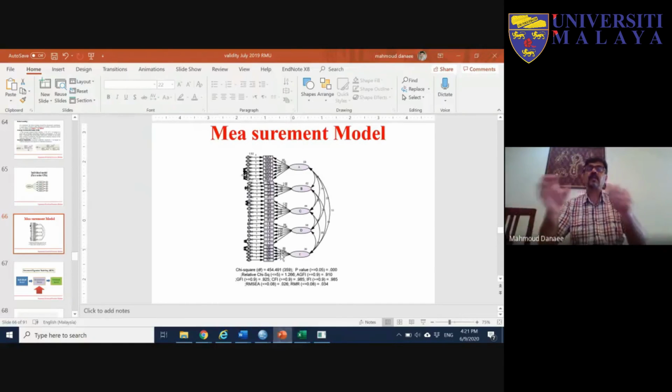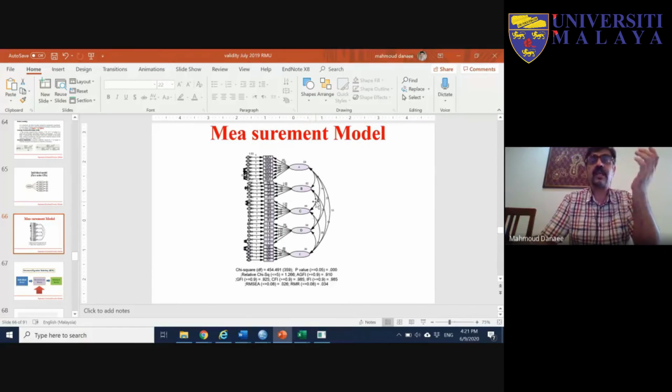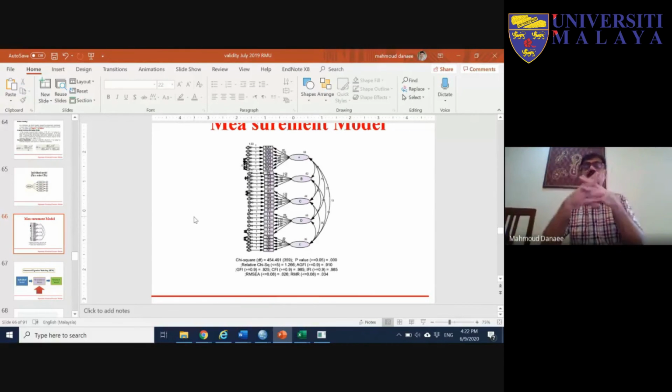Anyhow, when you create the measurement model with Amos, it's also a bit challenging because before measuring the correlation, convergent, and discriminant validity, you need to fit the model. And for fitting the model, there are a few criteria that need to be met by adjusting the model, removing items, and correlating the error terms, which is a bit challenging. But the results will actually be the same as PLS.